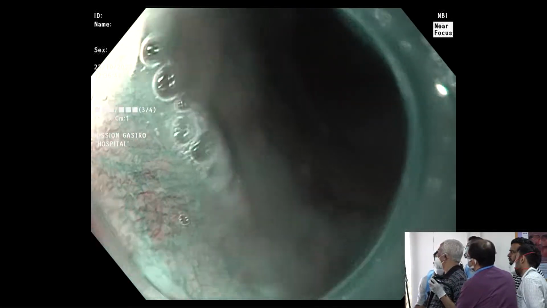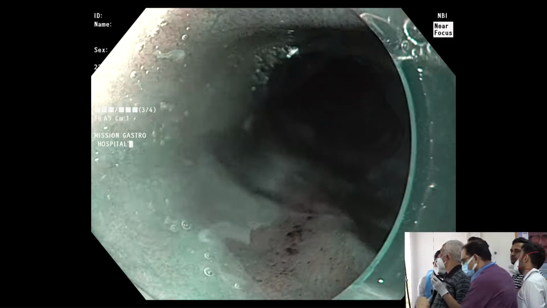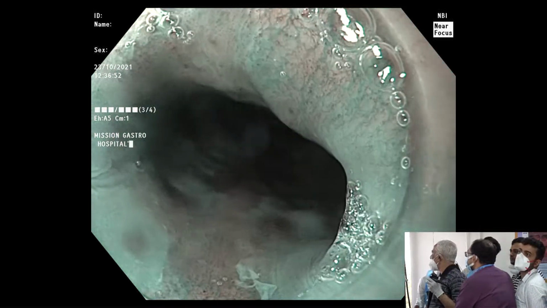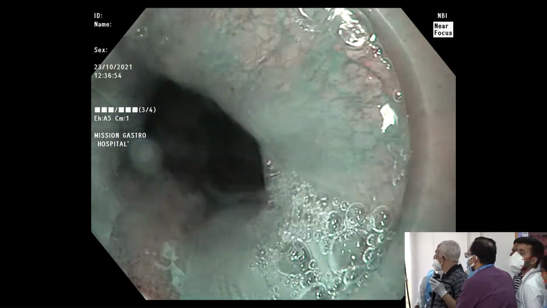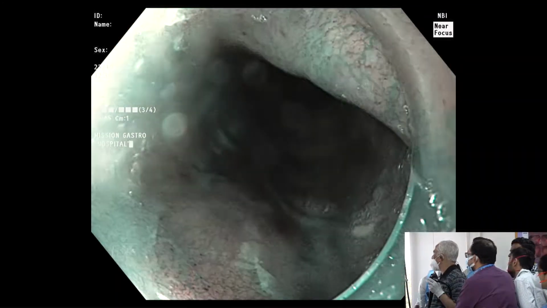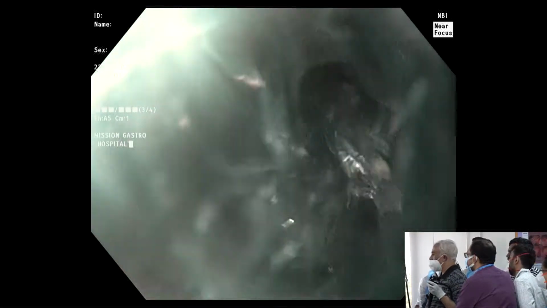See this? And there are many such areas. See this? Can you see that thing? And where it has given way, it looks a little brown. Otherwise, it's not.